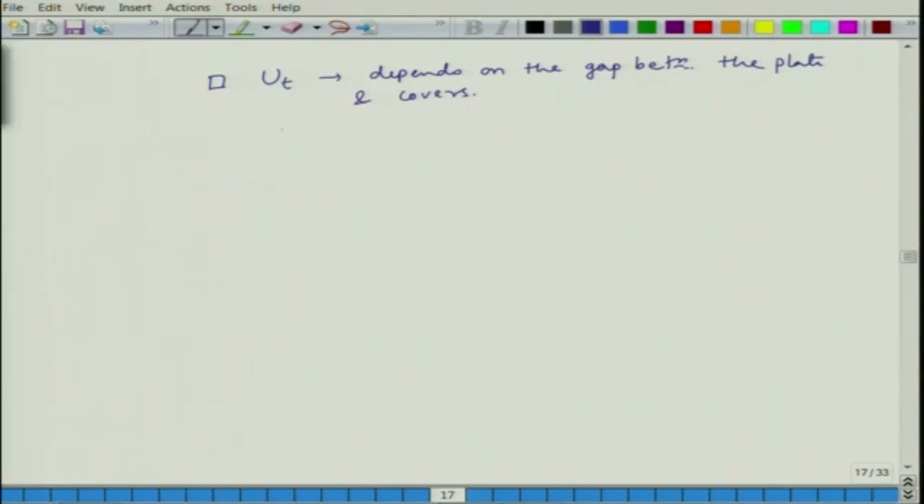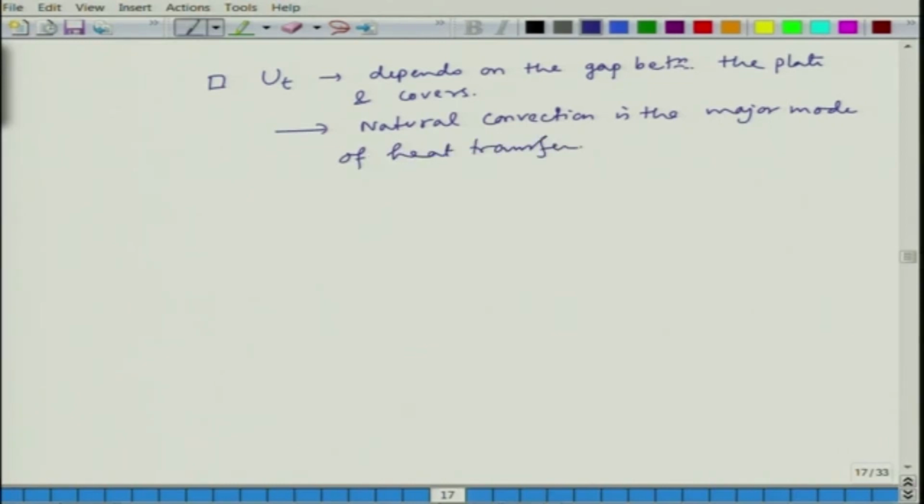So, basically here everything is happening in natural convection. So, natural convection is the major mode of heat transfer. Okay. So, natural convection is of course weaker than the forced convection, and when it is weaker, the gap will significantly alter the flow structure, and that is why you will have different UT for different gap.